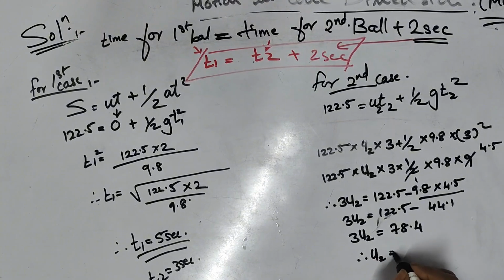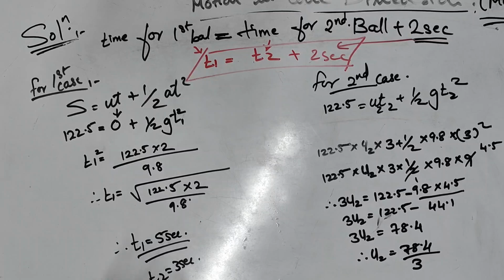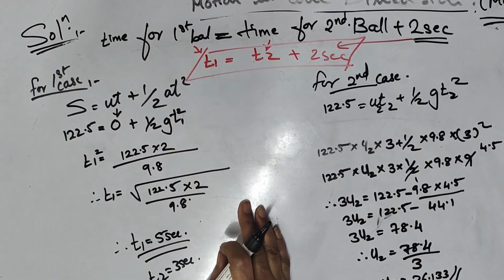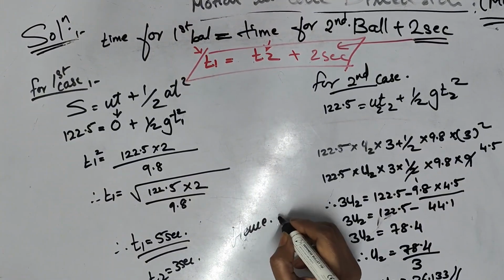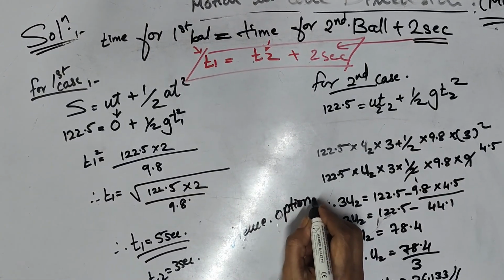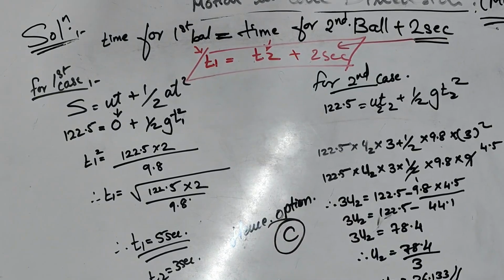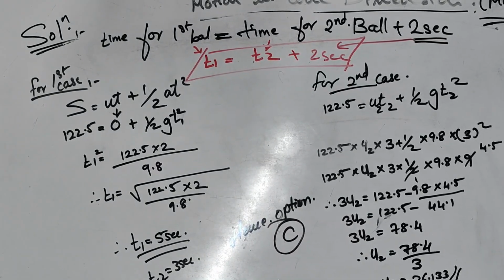Therefore u2 is equal to 78.4 upon 3, and thus we get the value u2 is equal to 26.133. So this is the initial velocity with which we must have thrown the second ball. So hence option C, 26.1 meter per second.